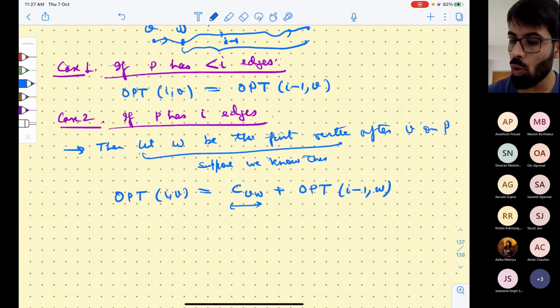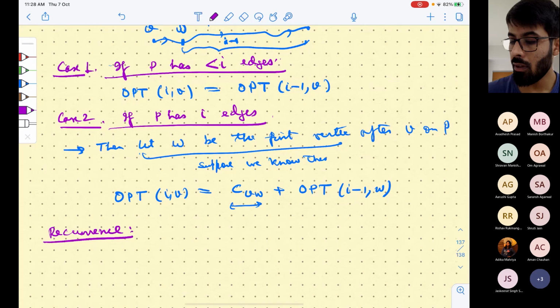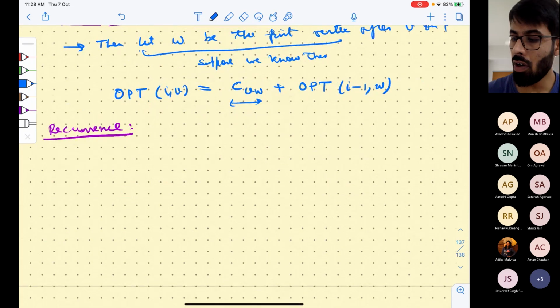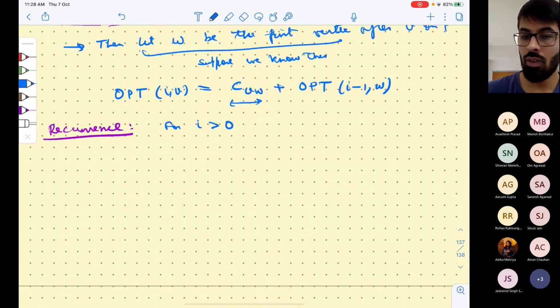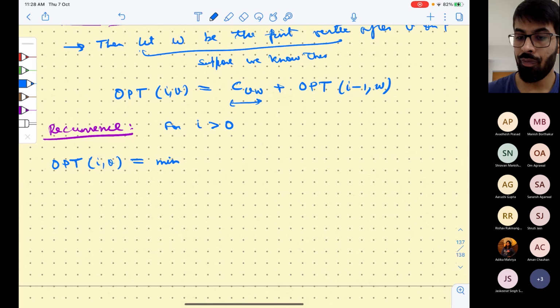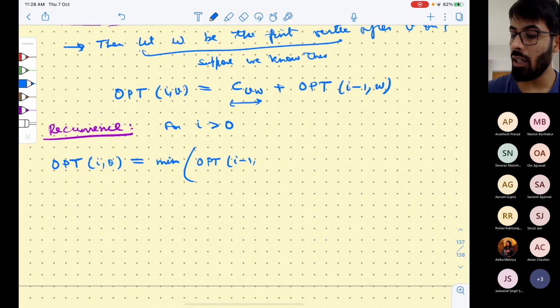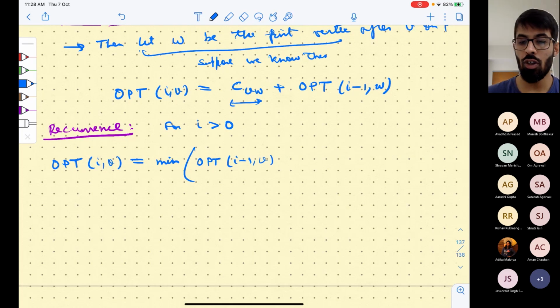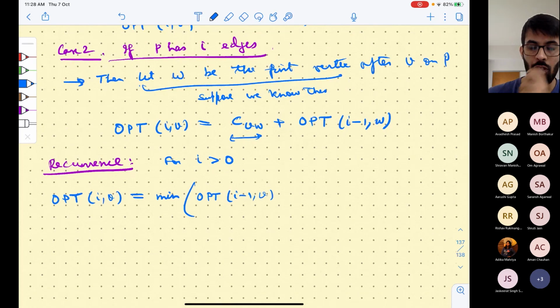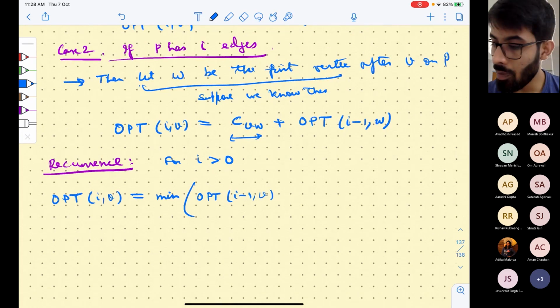Okay, so now these are the two cases, and we are ready to get the recurrence. For i greater than 0, what is the recurrence that we get? Opt of i comma v is equal to the minimum of opt of i minus 1 comma v, and what is going to be the second quantity? Here we assumed that we know this w, but we don't know that w.